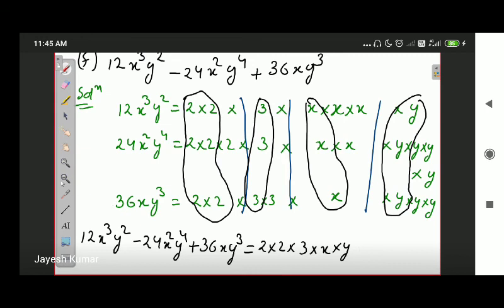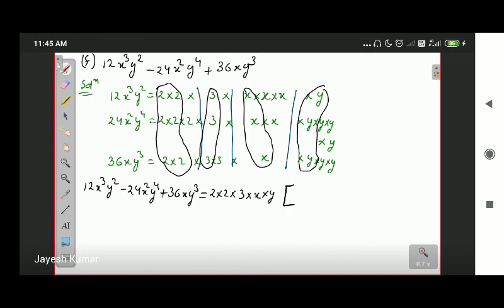And what will be remaining? Remaining is x square out of the first expansion, 2x y square out of the second expansion, this is y cube, 3y square out of third expansion.